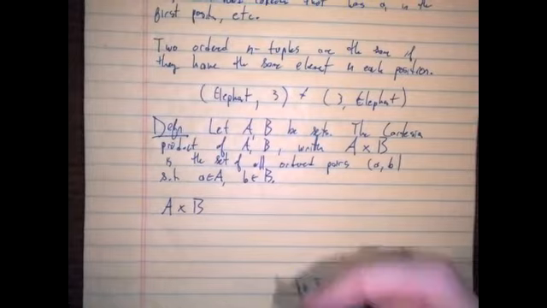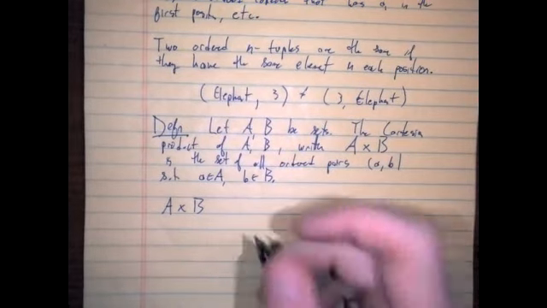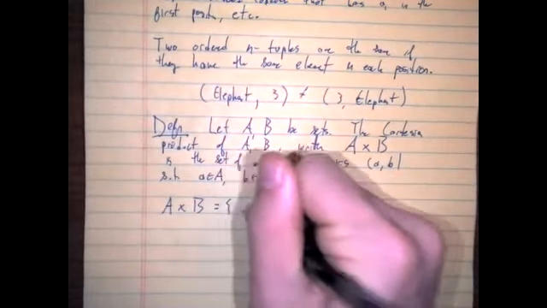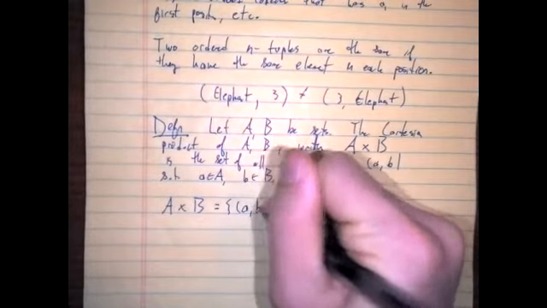Indeed, it's exactly a cross product. Well, it's not a cross product of vectors. It's a cross product of sets, but you'll know that you're also familiar with this.